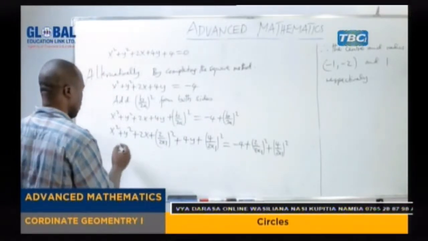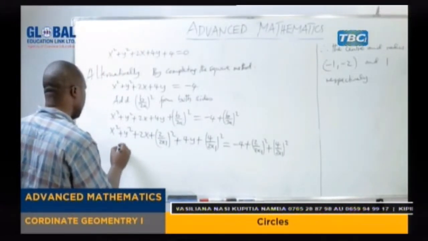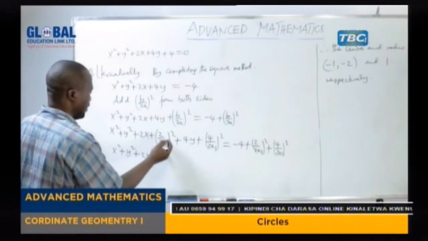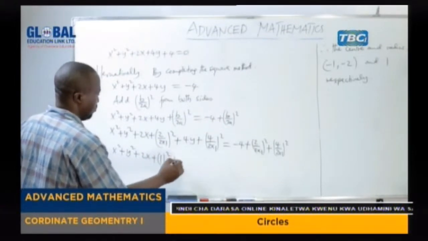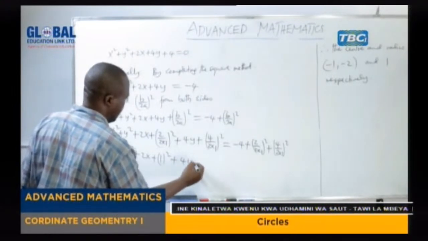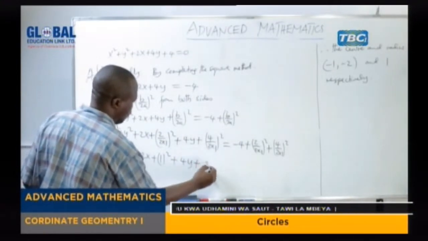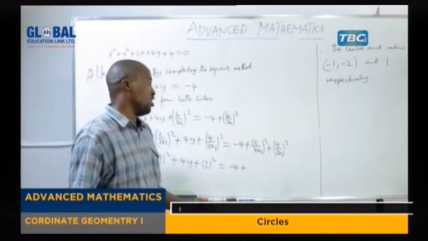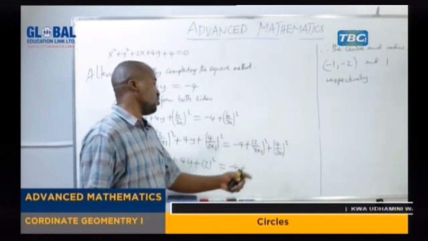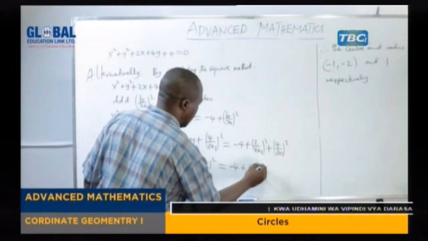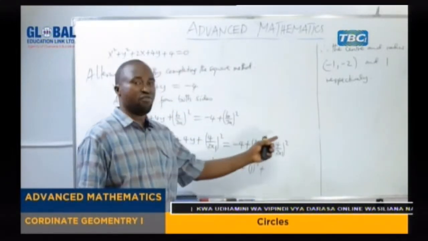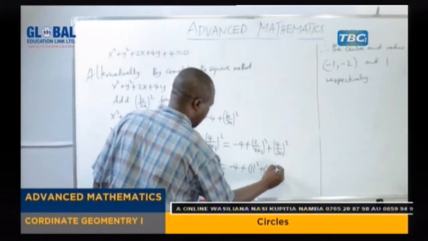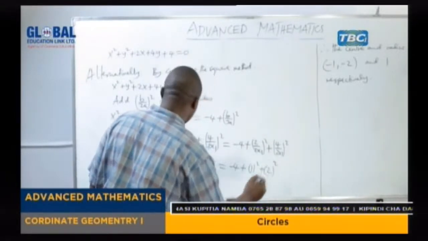So we have x squared plus y squared plus 2x plus 1 squared, plus 4y plus 2 squared is equal to negative 4 plus 1 squared plus 2 squared.